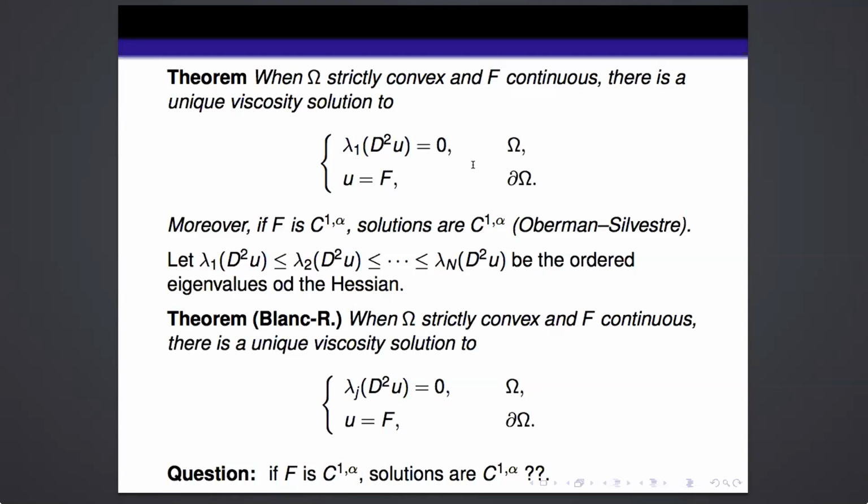And you have to work a lot because it is not that simple to touch the function from below at every point with a plane. It does not give you regularity automatically because you have a cone, for example, which is a convex function, and you don't have C1,alpha regularity at the vertex of the cone. But using the equation and using this idea of the supporting hyperplane, you can prove C1,alpha regularity.